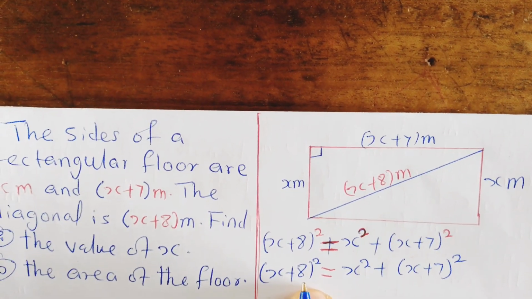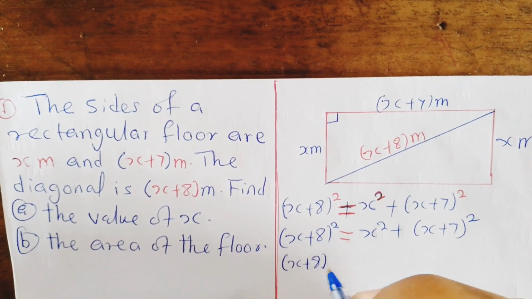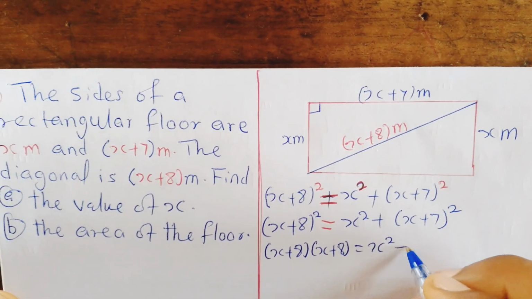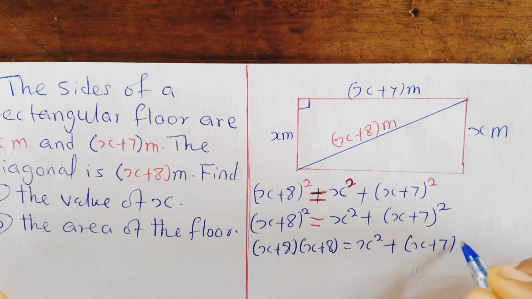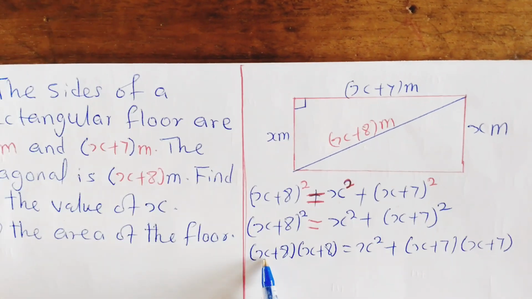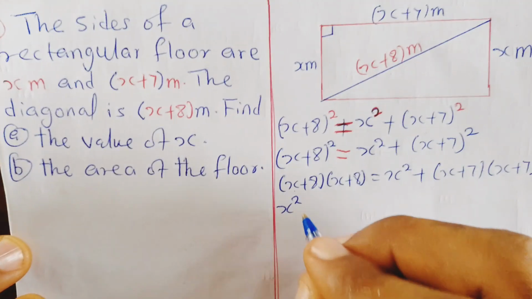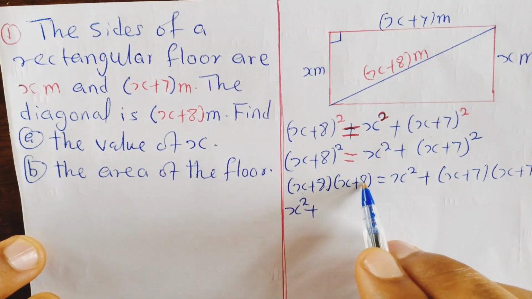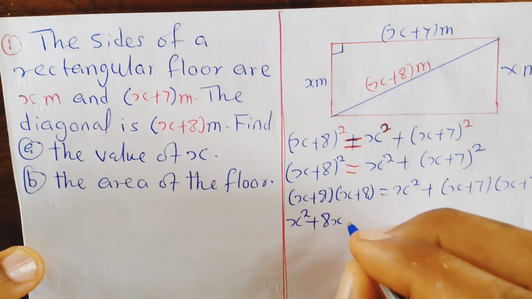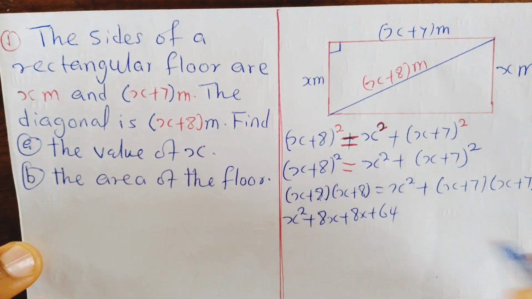So let me expand the brackets. This will give me x plus 8 times x plus 8, is equal to x squared plus x plus 7 times x plus 7. So x times x will give me x squared, plus x times 8 will give me 8x, 8 times x will give me plus 8x, 8 times 8 will give me plus 64.